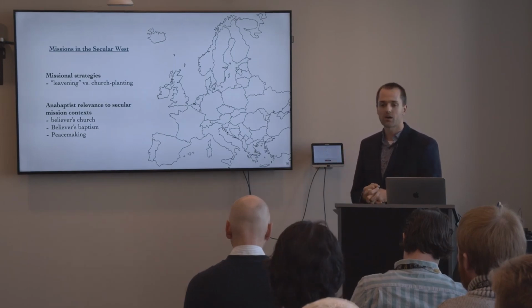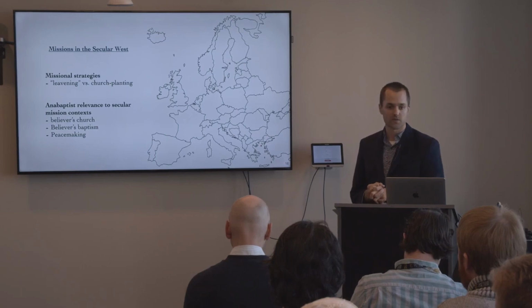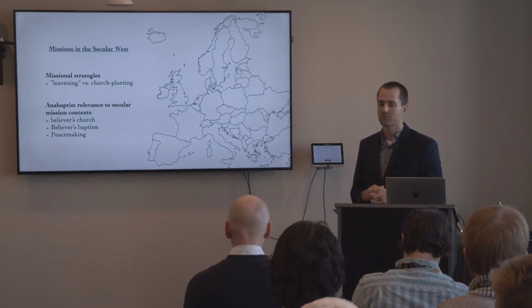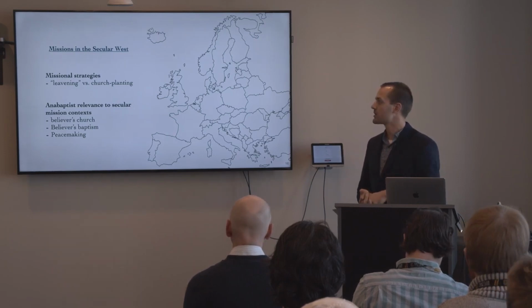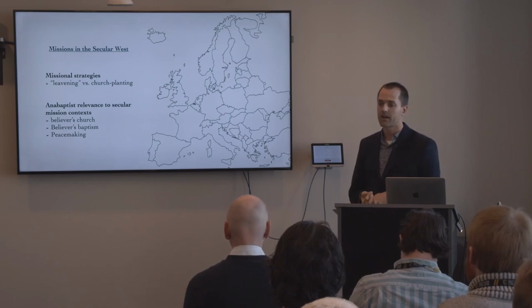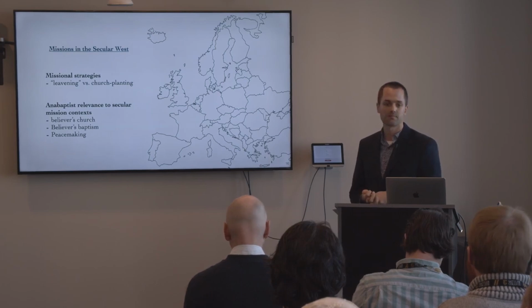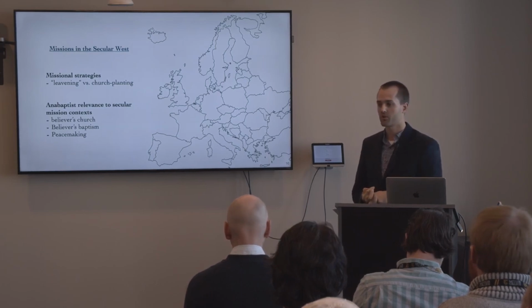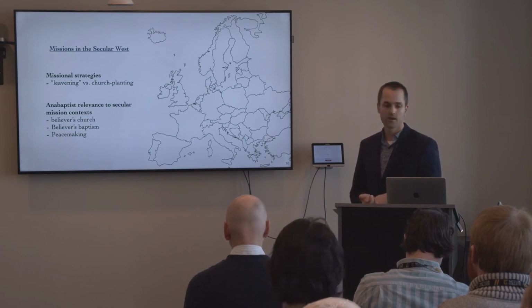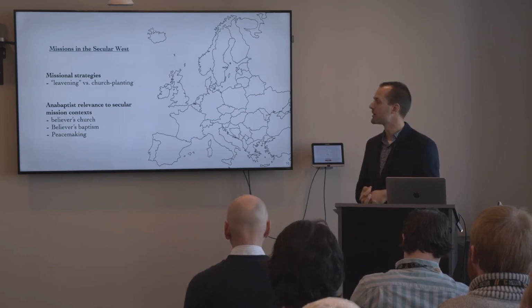And of course, it would be hard to say that this wasn't successful for them when you look at the thousands of people who were influenced by Anabaptism positively and who did carry that back to their communities. But I think it's hard, too, not to reckon with the fact that at this point, there are no living communities that came about as a result of this movement. There are no churches, and at no point was church planting a part of the missional efforts. And so I'll leave you to make of that what you will.